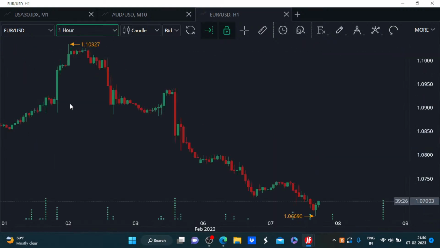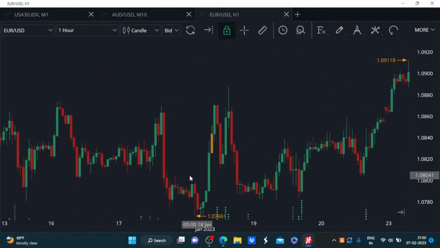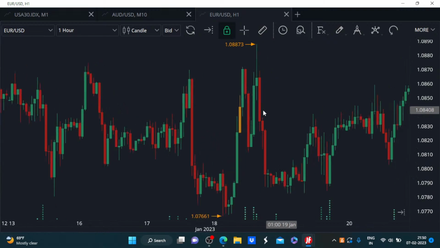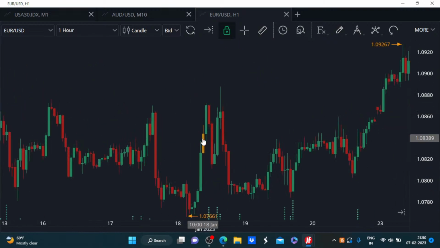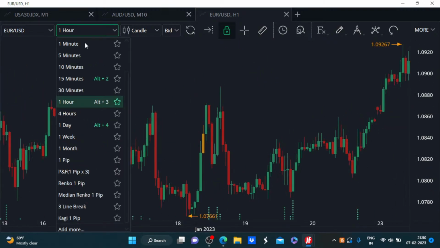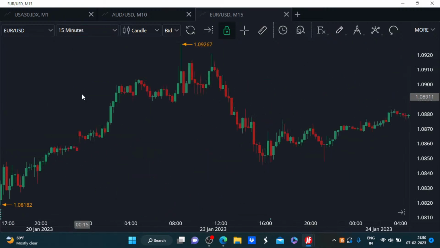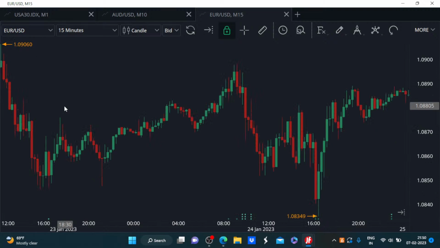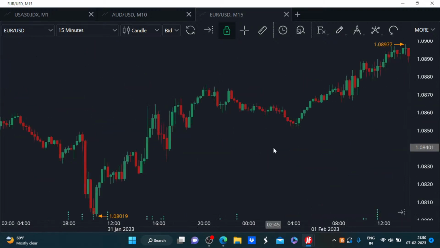So here we are seeing that hourly and 5 minutes being our chosen time frames, we will have this formation taking shape and recognized on the chart. But if I change to say 10 minutes or 15 minutes, it won't be recognized. That's how this system works.